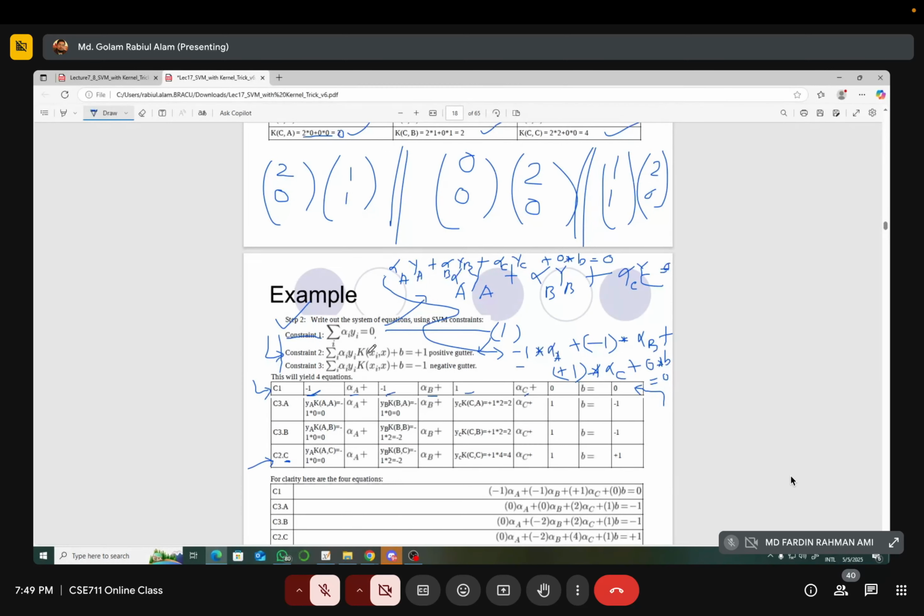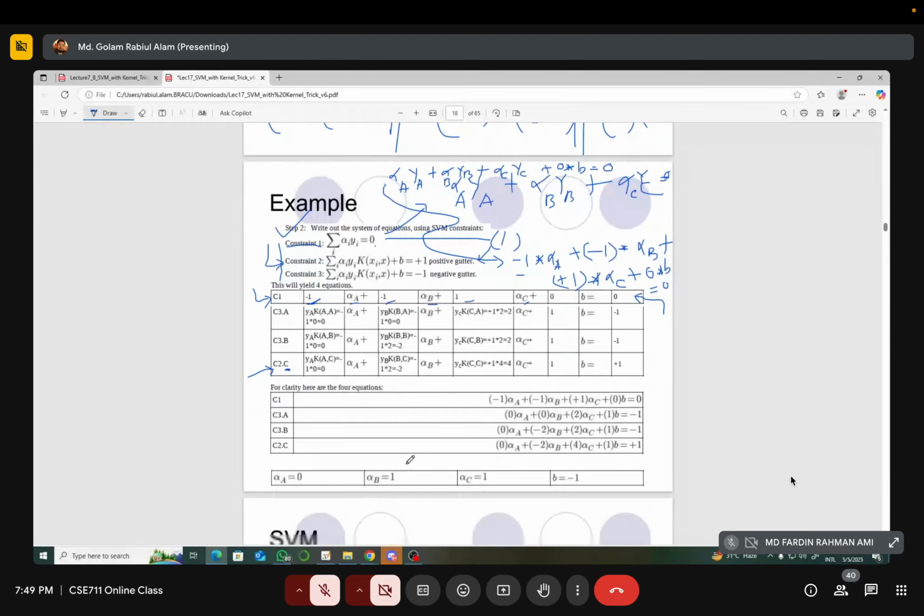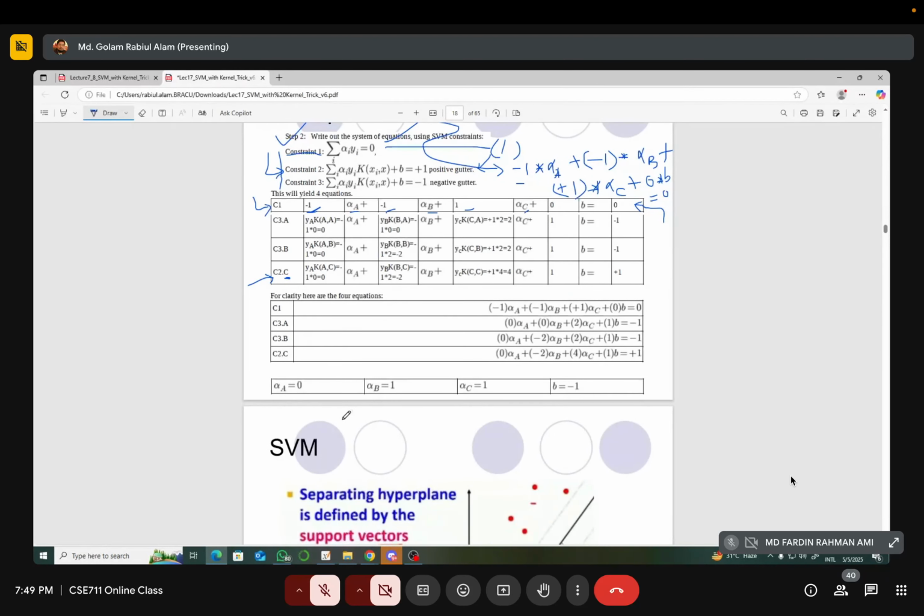Alpha I, yi, k of xi and x. So the equation will be alpha I, so that means alpha A.